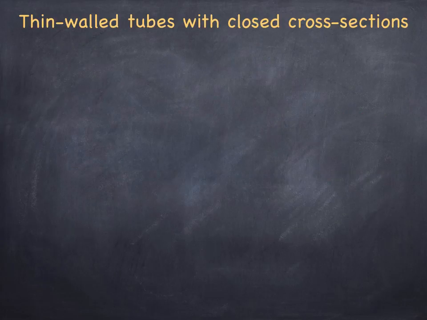Now that we have understood something crucial about the shear stress distribution within the cross-section, we are now ready to relate the shear stress distribution to the torque that created it.